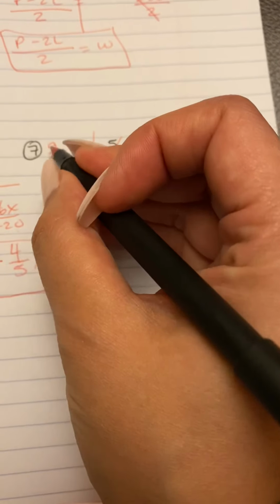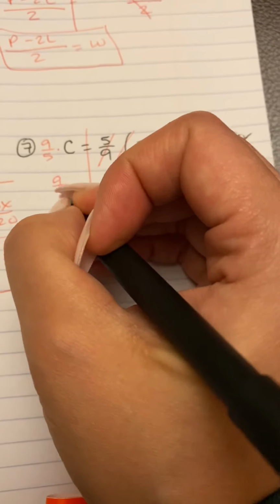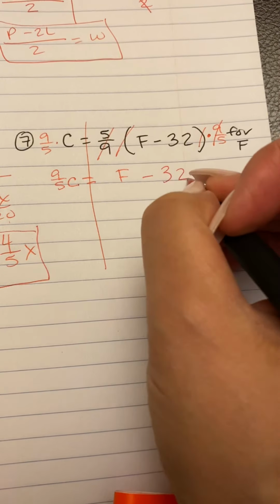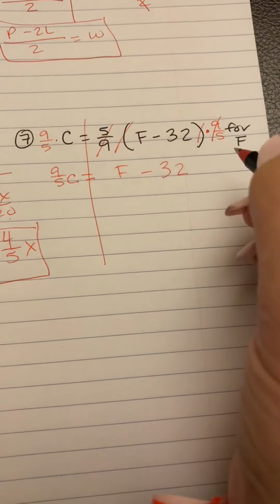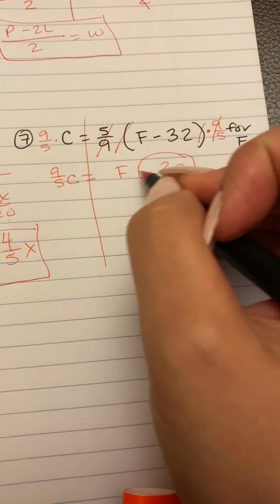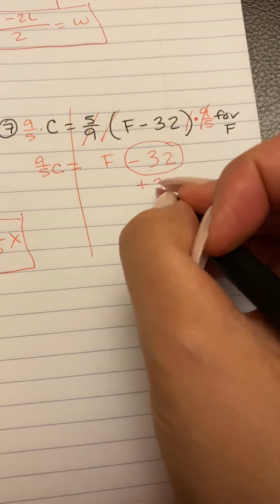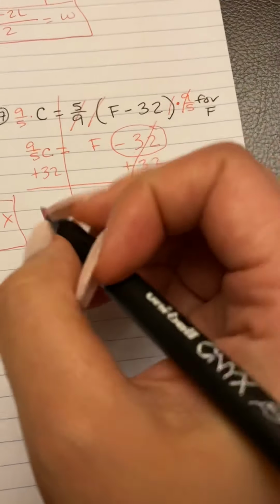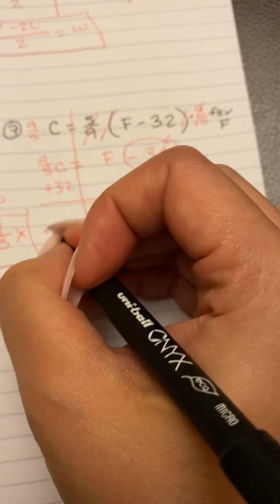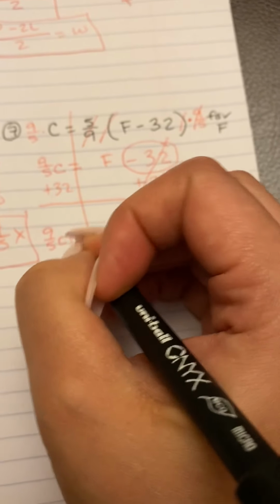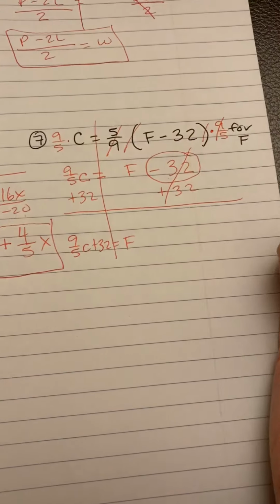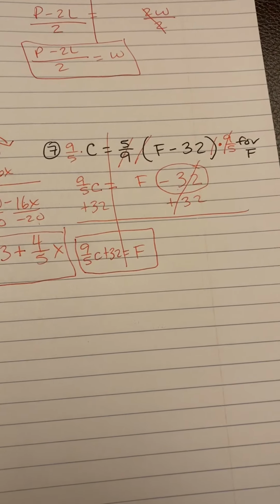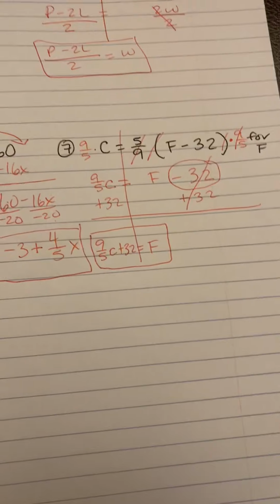So now you have 9/5 C equals F minus 32. Okay, and the last step, just to get rid of this one, because it's subtracting, you have to add 32 to both sides. So that gives you 9/5 C plus 32 equals F. Okay, so go ahead and do the same thing for number 8 on that problem.